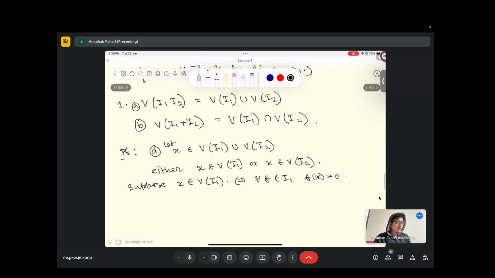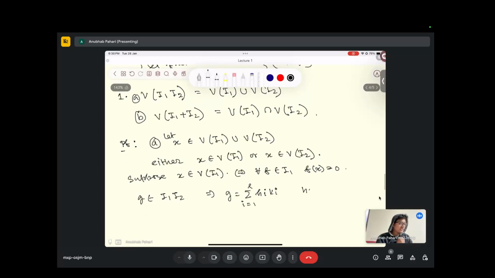And now, if you take any element from I1 I2, how would it look like? It would look like g equals the sum of h_i k_i, where h_i belongs to I1 and k_i belongs to I2.